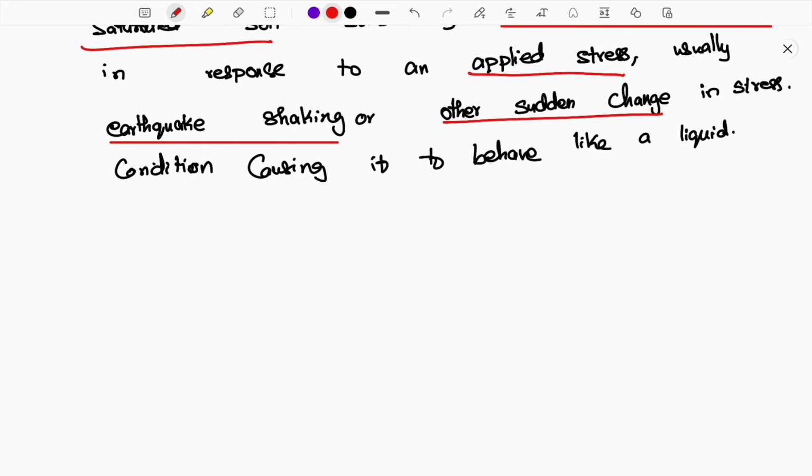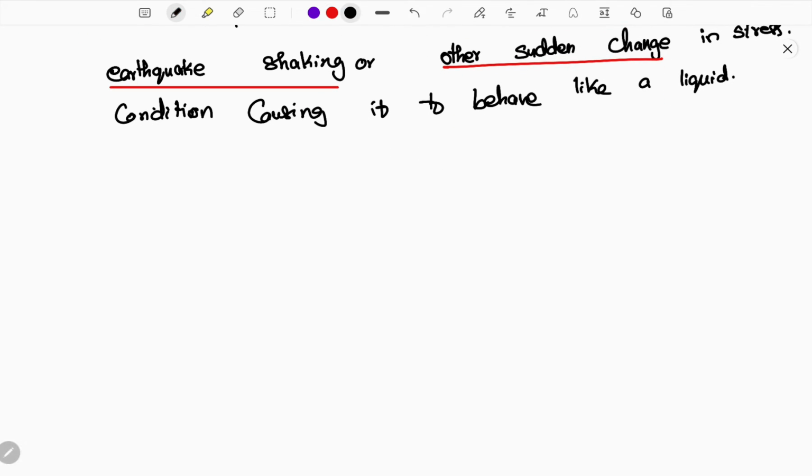Now you need to understand what the other sudden changes are, and there is also a new thing you need to learn regarding this. First, chemical features. For example, sometimes the chemicals present in the soil dissolve in the water.